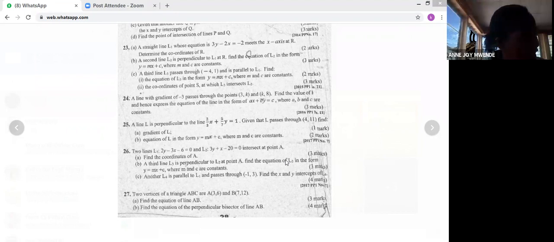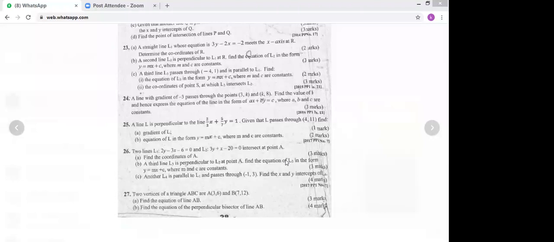The instruction is to write it in the form ax + by = c. Sorry, it will be x + 3y = 17.